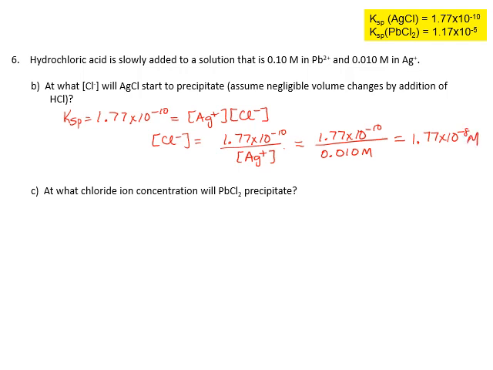So this result shows us that we'll start to see silver chloride precipitate when the chloride concentration in solution reaches 1.77 times 10 to the minus 8 molar.